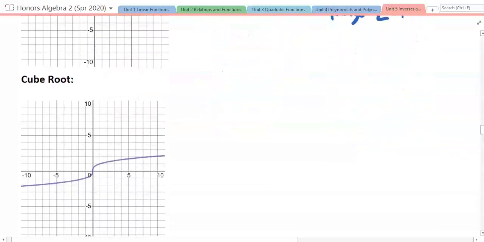Finally, the cube root function. The cube root function will look very similar to the square root function, except instead of the 1/2 power, now we're dealing with the 1/3 power. And so y is equal to the cube root of x, that's this purple line here, or we can write it as x to the 1/3.